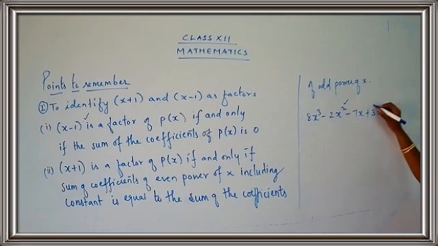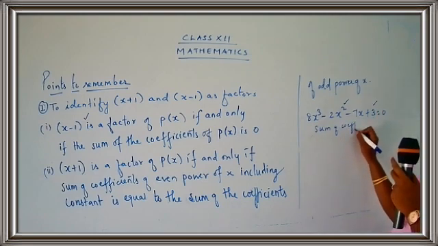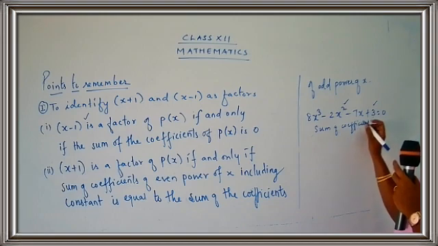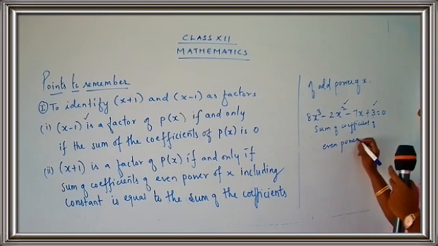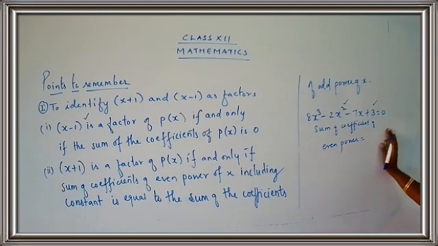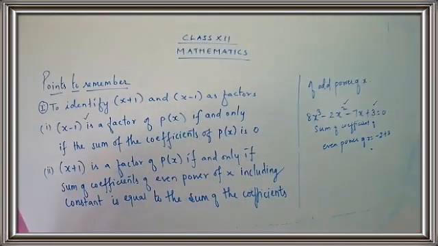It's 3. So the sum of coefficients of even power of x is minus 2 plus 3. Okay, what is it? Minus 2 plus 3. So what do you get here?